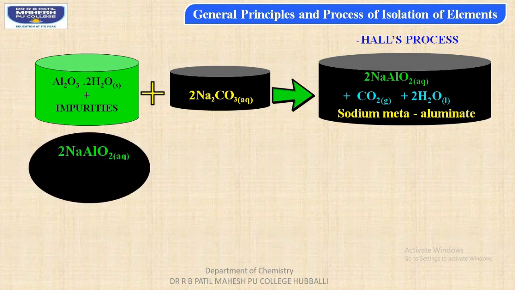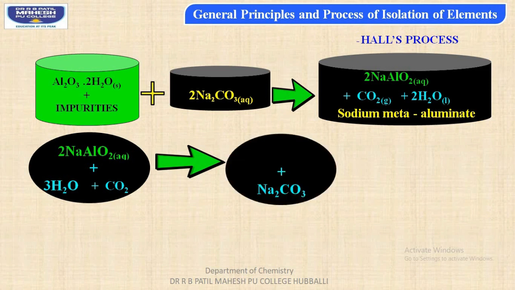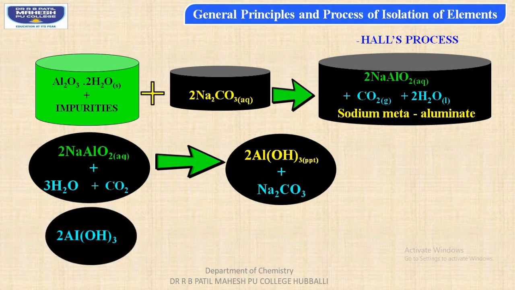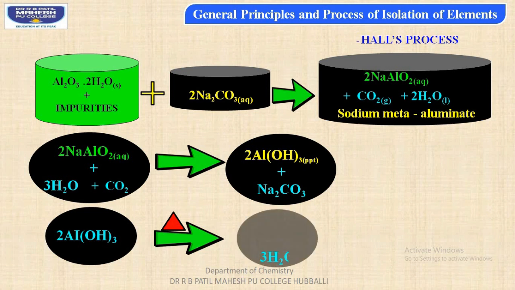And in the next step, sodium meta-aluminate reacts with carbon dioxide and water molecule for the formation of sodium carbonate. Along with that, aluminium hydroxide white colour precipitate can be obtained. And this aluminium hydroxide, students, on heating, is giving us aluminium oxide along with water molecule.